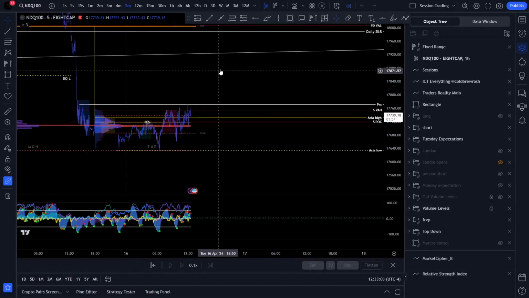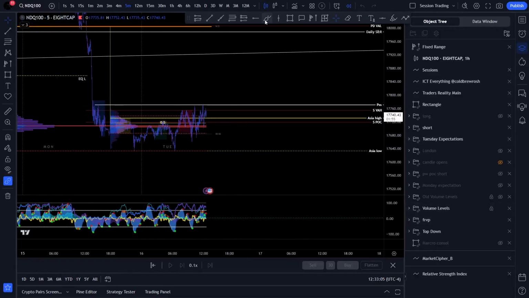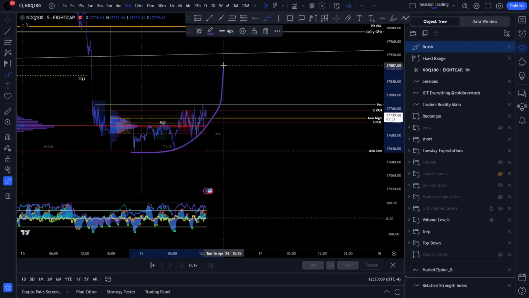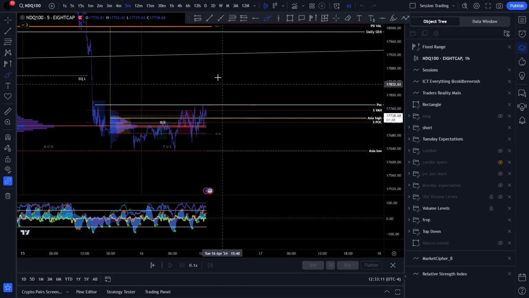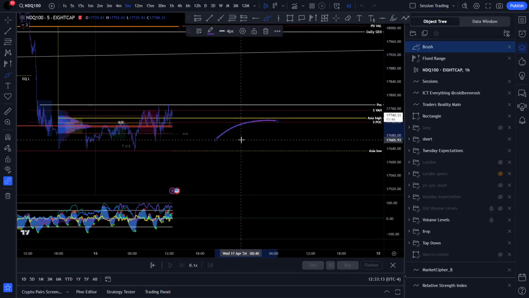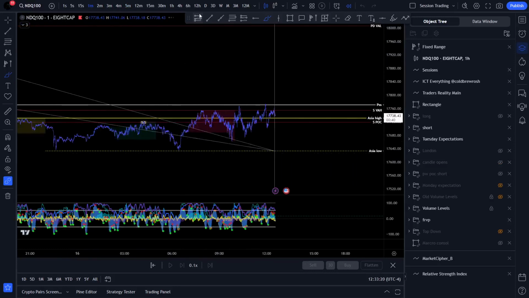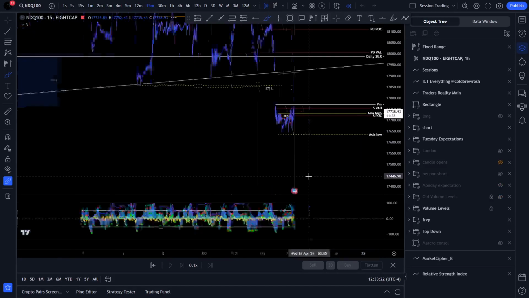But at this point, I'm expecting higher price action. You can also see we're getting that nice curvature, which usually indicates more upside to come, especially because we've taken out lows. So that would be my expectation for the rest of the day.